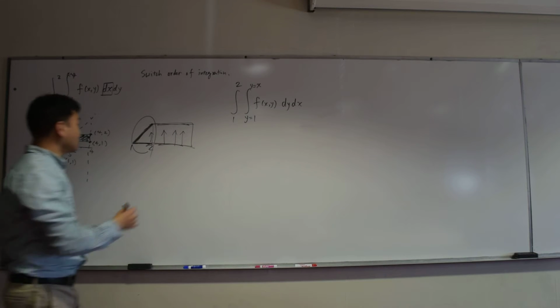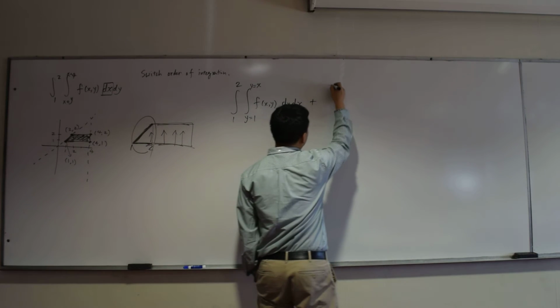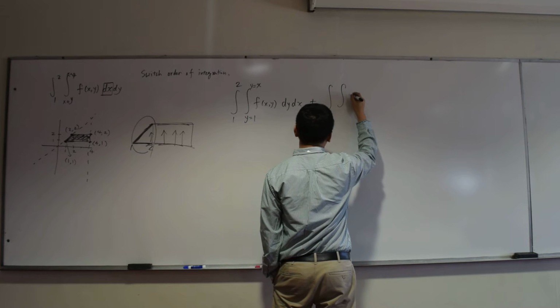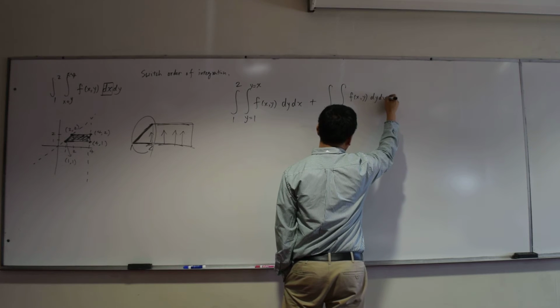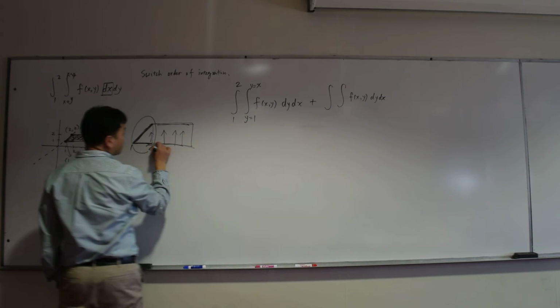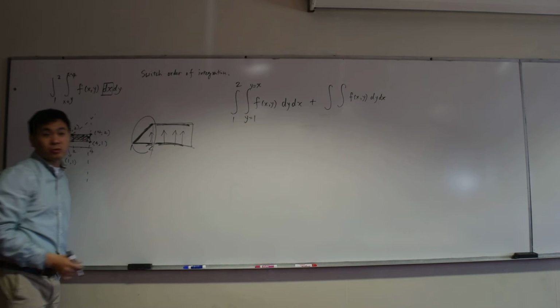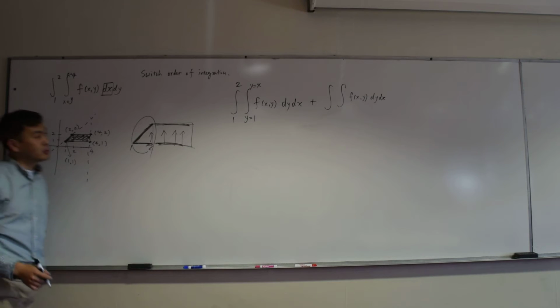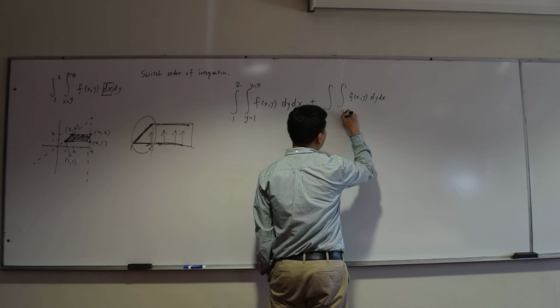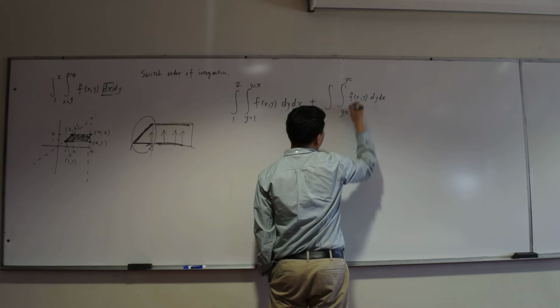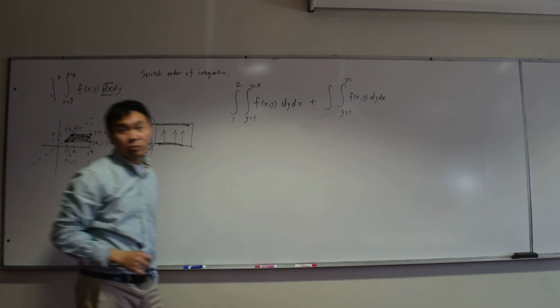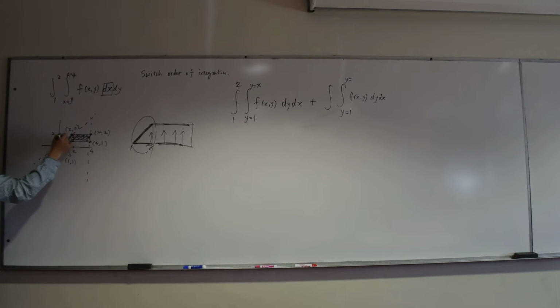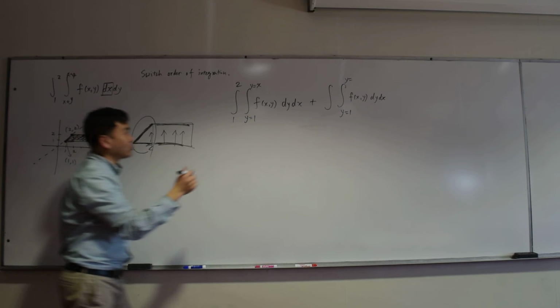Now let's try to fill out the second one. Now here it goes from this line to this line, and they're both horizontal lines. Therefore, the equations look like y equal to a number and y equal to a number. The bottom one is same as before. It's y equal to 1. What's the top one? What's the equation of the top? 2, because it passes through 2, so it must be y equals 2.